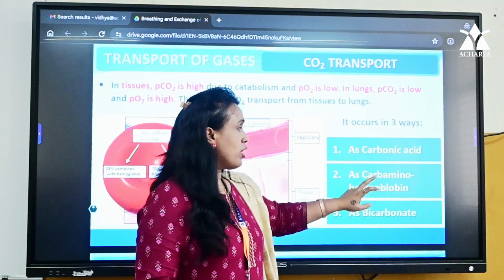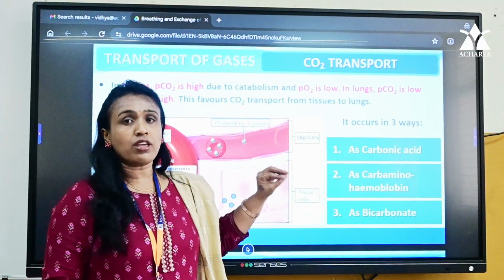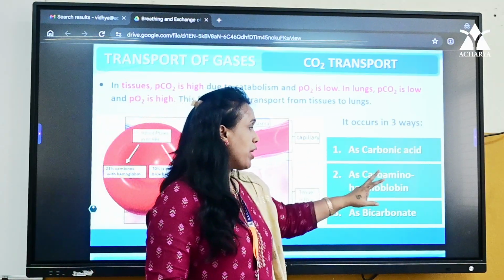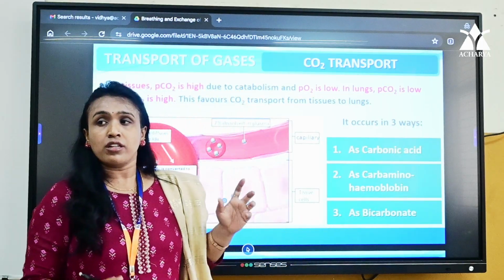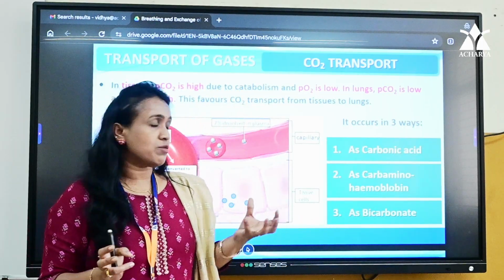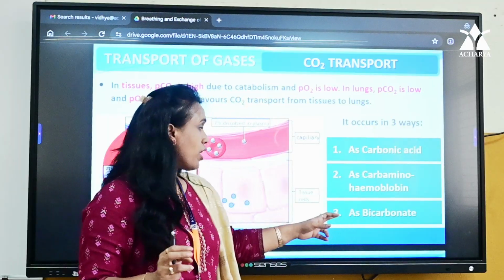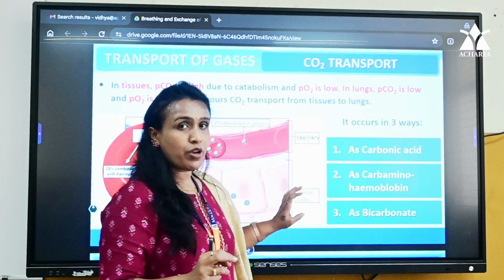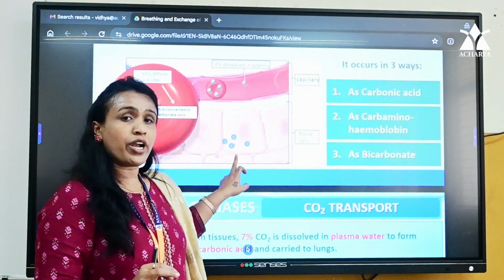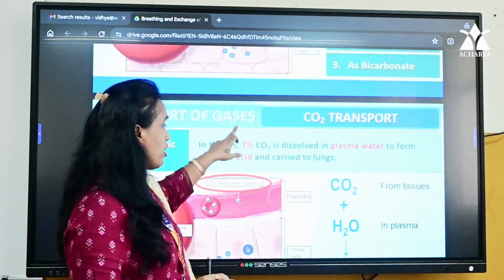Hemoglobin can also carry carbon dioxide as carbaminohemoglobin, and the salt formed in the plasma in the presence of carbonic anhydrase is bicarbonate. There is also a chloride shift that we are going to study now.